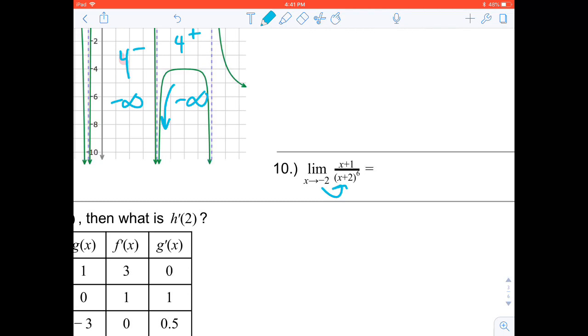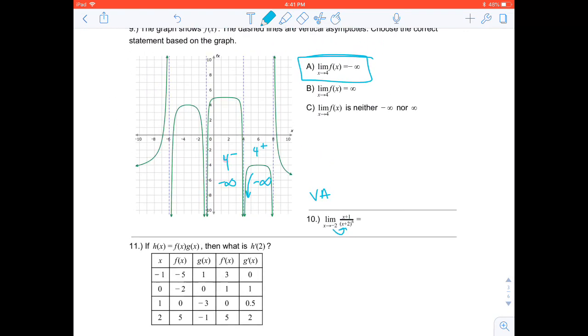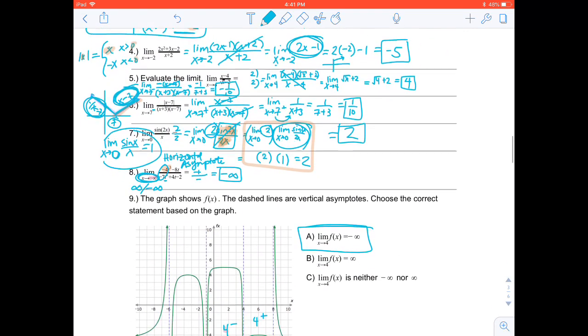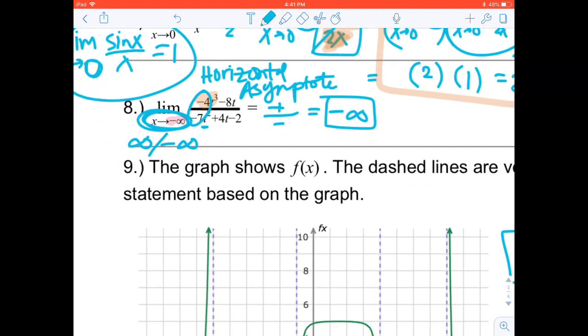I don't really see anything else that I could do to make this work. So this means that we're left with a non-removable discontinuity, which is a vertical asymptote. Remember, your non-removable discontinuities are vertical asymptotes and horizontal asymptotes, which we saw up here how to find these horizontal asymptotes.